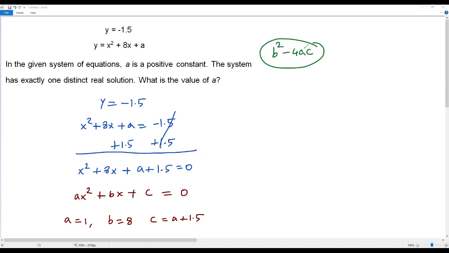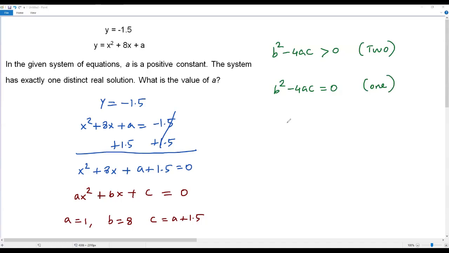If b square minus 4ac is greater than 0, we have two real solutions. If it is equal to 0, we have only one real solution. If it is less than 0, there is no real solution.